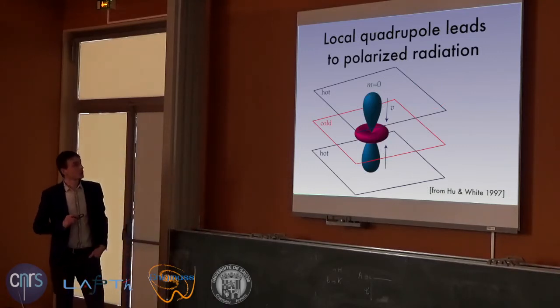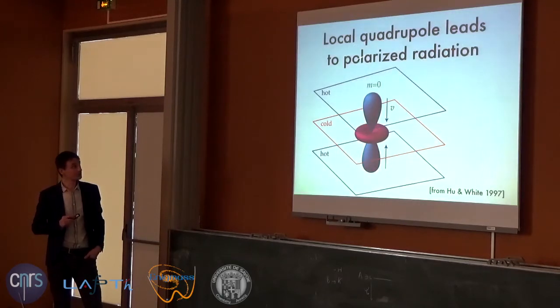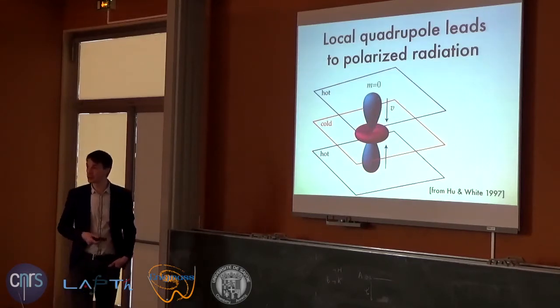So, once more, a repetition of the same statement: a local quadrupole, so local at the electron that scatters the radiation towards us, leads to polarized radiation. So here is the real component of a spherical harmonic of L equal to 2, so it's a quadrupole. And if L is equal to 2, it means that you have 5 different spherical harmonics.